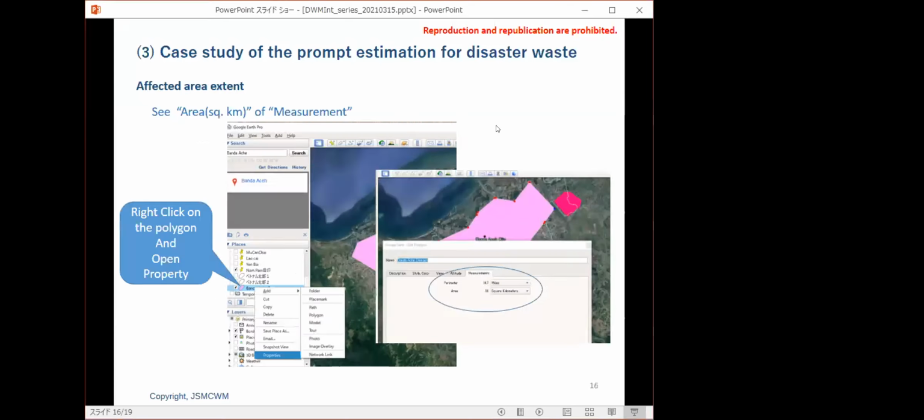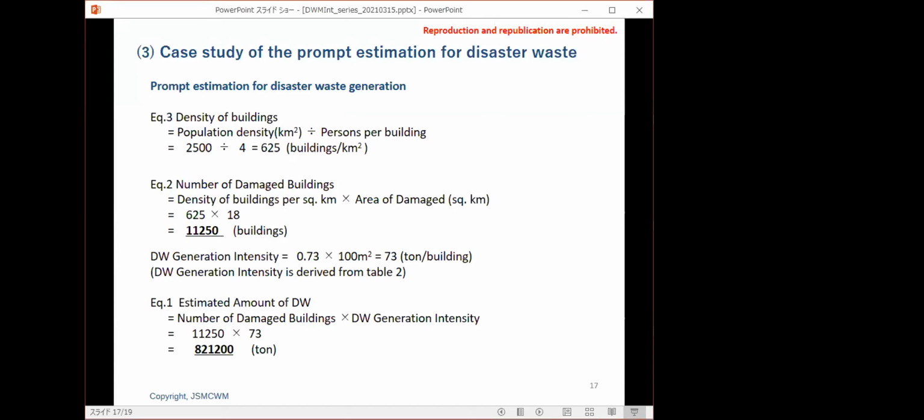Okay, so far we can know population density and area extent. We use those numbers and we estimate disaster waste generation. And please look at the slide and look at each equation.